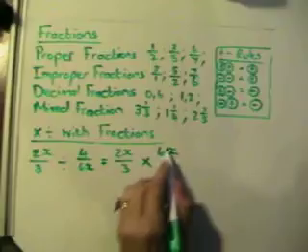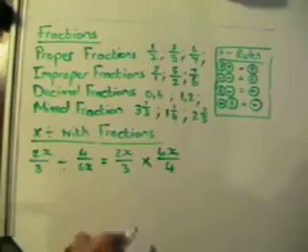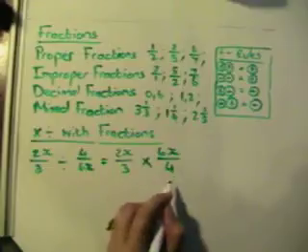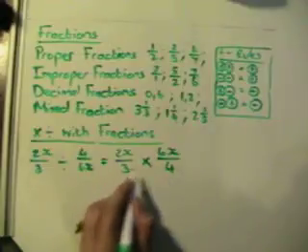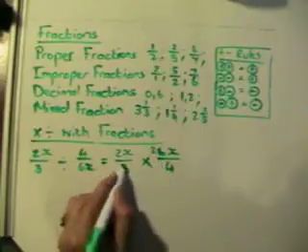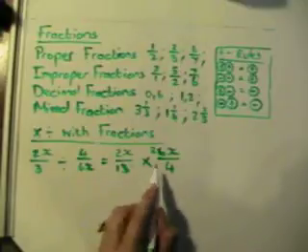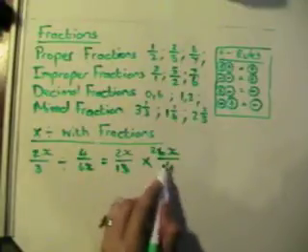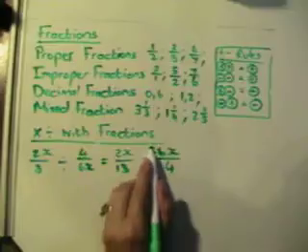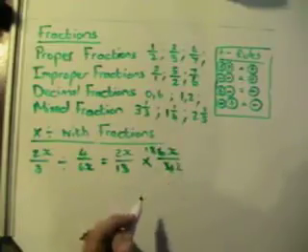So the 6x goes on top and the 4 goes at the bottom. And now I can first simplify a little bit. I can see I can divide 3 into 6 and 3. So 6 divided by 3 is 2, and 3 divided by 3 is 1. And I can also divide 2 here and here, or there and there, it doesn't really matter. So I divide 2, leaving me 1, and I divide 2, giving me 2.